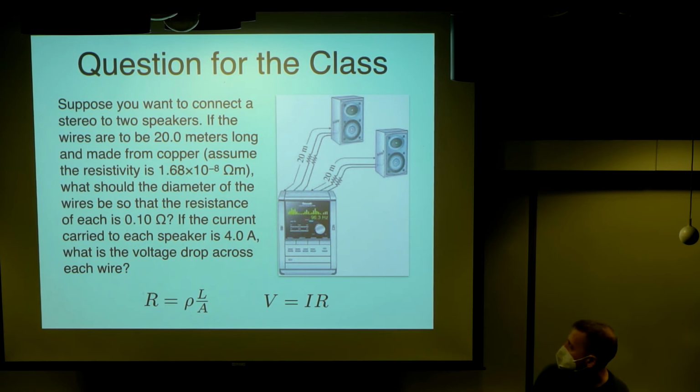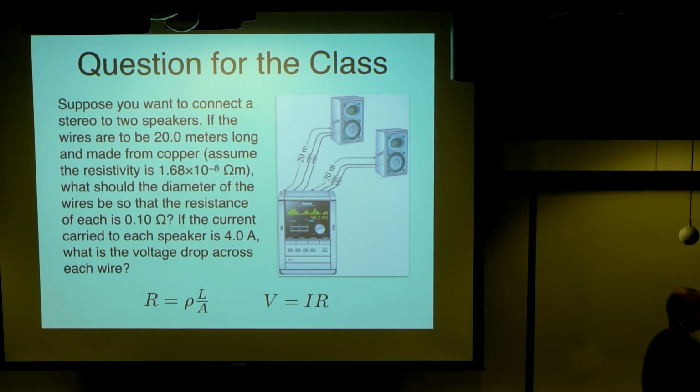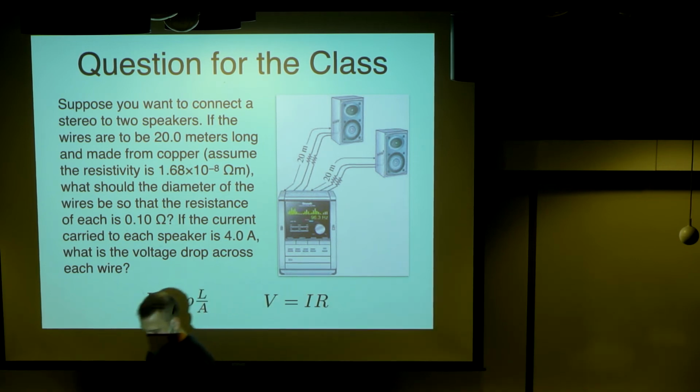So take a few minutes, see what you get. Find the cross-sectional area A, and then you can use that to get the diameter of the wire.